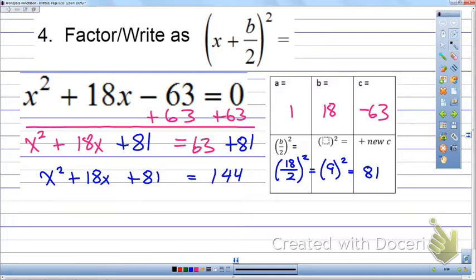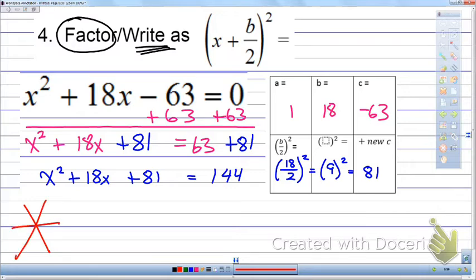Our equation, x squared plus 18x plus 81, we have two choices. We can either factor it and use our super x to do so, or we can use a little bit of a shortcut. Let's see. If I were to use the super x, 81, 18, 1x and 1x, I get 9 times 9. 9 times 9 makes 81. 9 plus 9 makes 18.